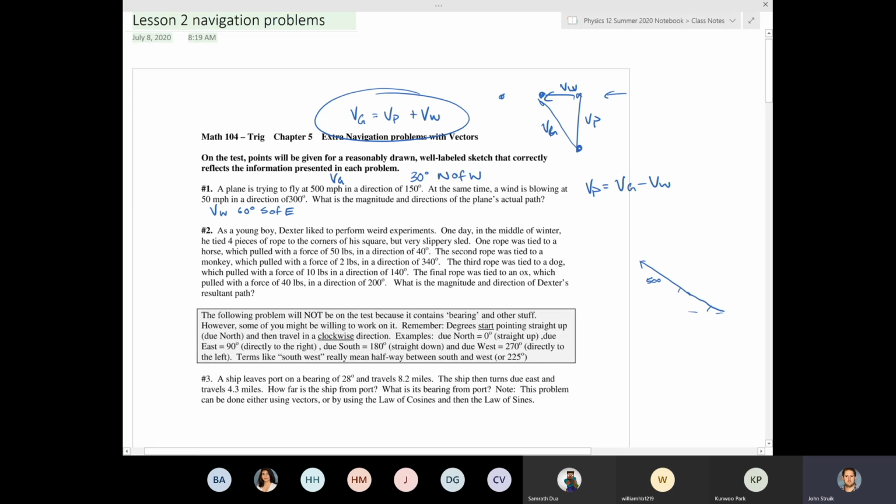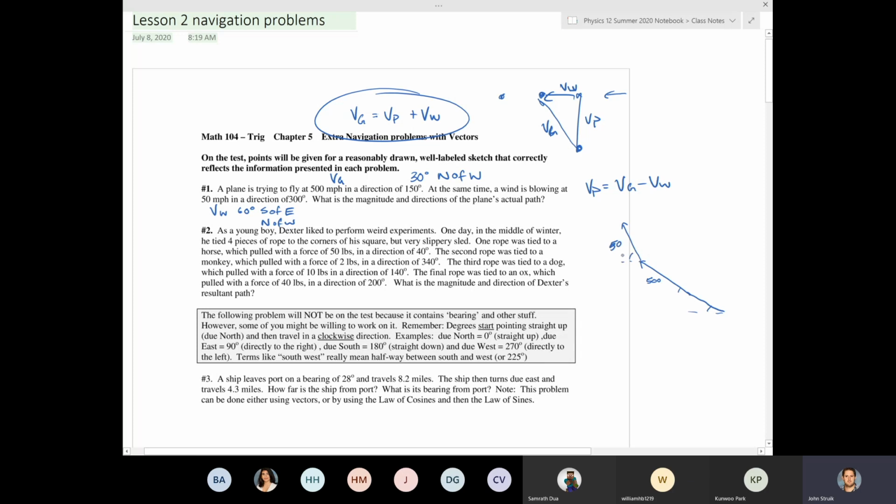So where the wind was south of east, if you flip that to be the negative, then it becomes north of west. So now we're going 60 degrees north of west. So that's going to be something like that. And this is 50. I'll do it on the other side. 50.